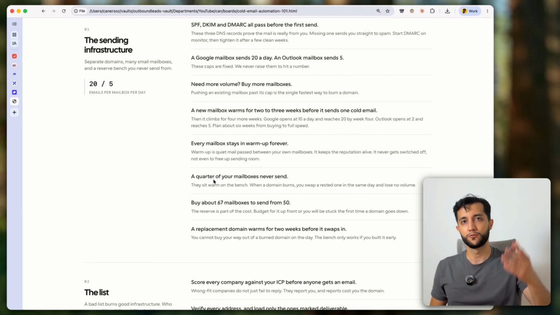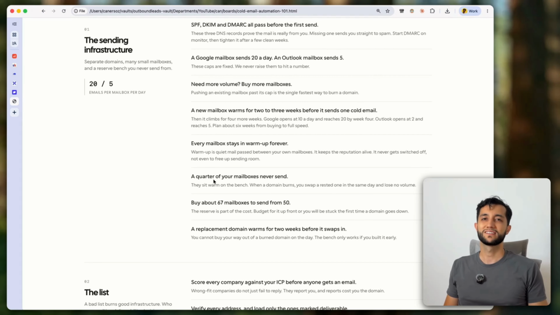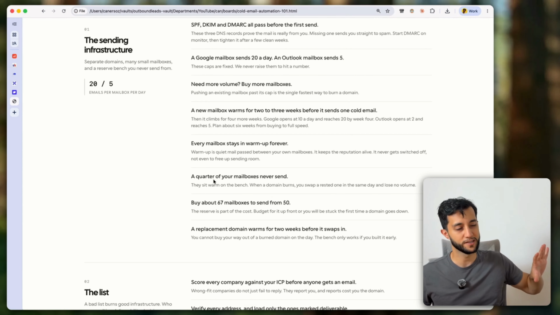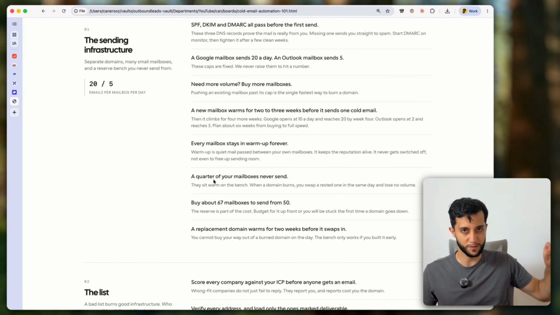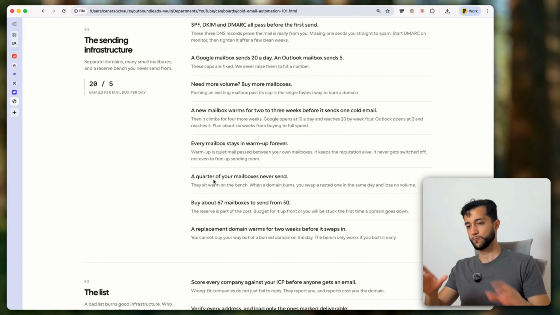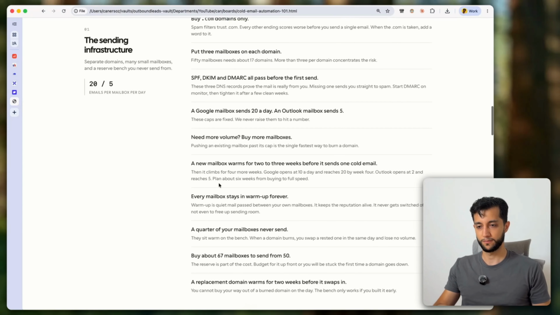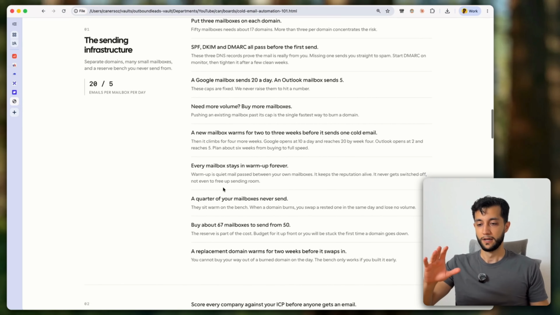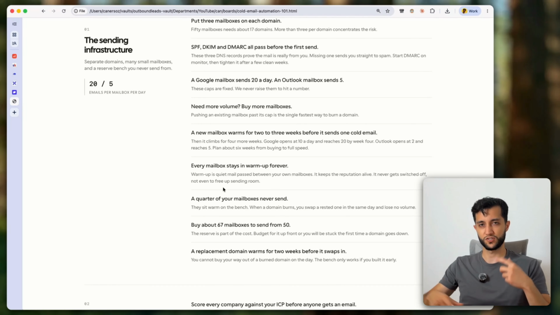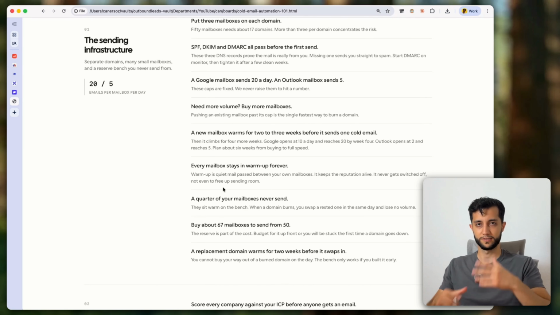So say you have 100 inboxes, right? I'll always take out 25 of them and I just leave them in warm-up and they send no cold emails. I give them a separate tag so that I never use them for cold emails. And then I'm seeing, with the checks that I'm going to show you in a minute, there's a lot to come still, with the diagnosis that some of the inboxes are starting to burn away, and I'm going to show you exactly what that means.